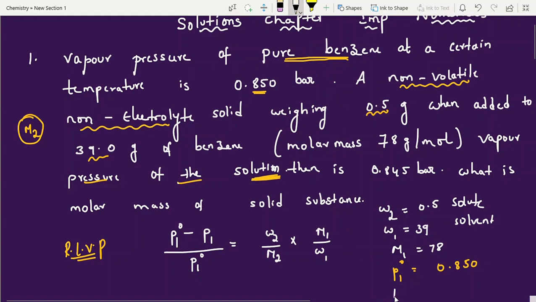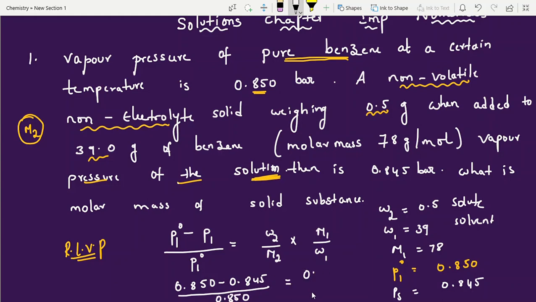This is PS. Solution vapor pressure is always less than that of the solvent. In the previous video I gave the theory explanation also. Watch it, you will get more idea. Then you can substitute here. First one is always the higher value, 0.850 minus 0.845. Like that also you can remember.